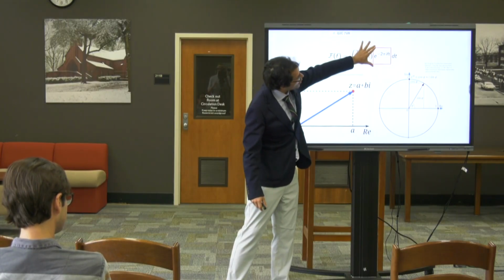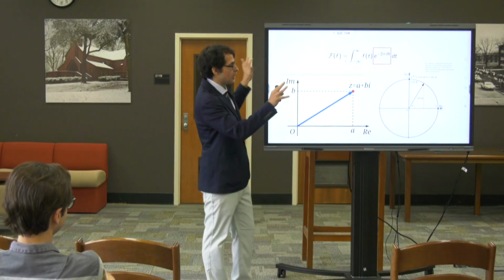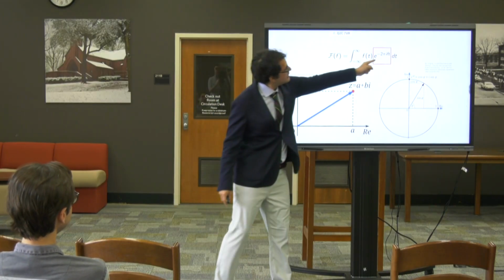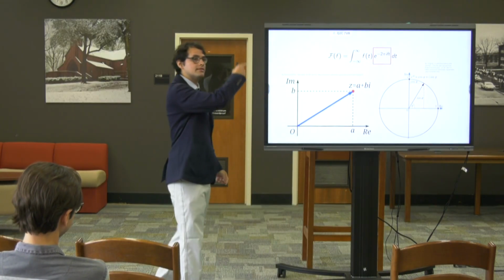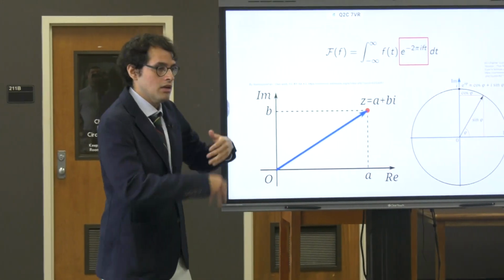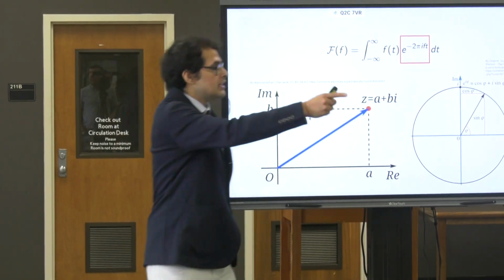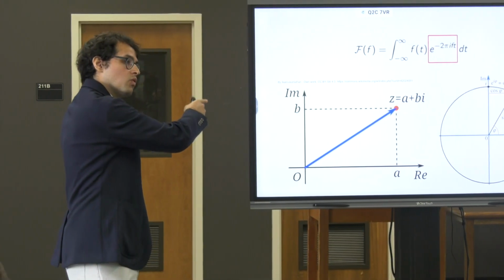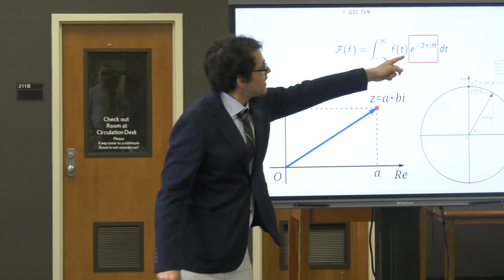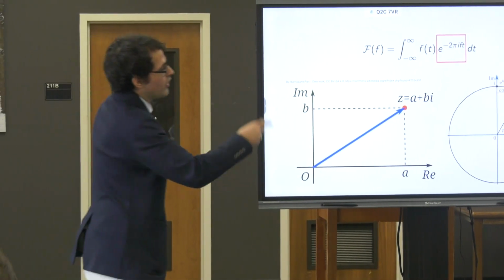So this complex exponential is just representing a circle of radius 1 in a plane. And what this f is telling us is how fast we are going around the circle. If this f is really large, that means that we are going around the circle really fast. If this f is really small, that means that we are going around the circle really slowly.